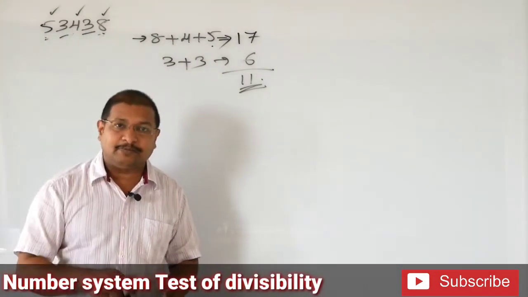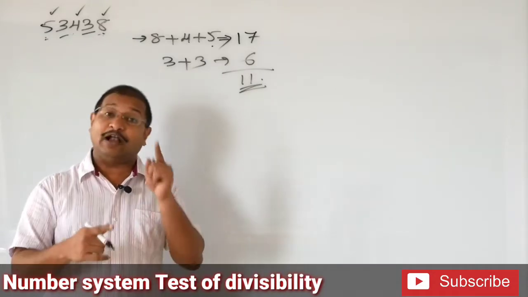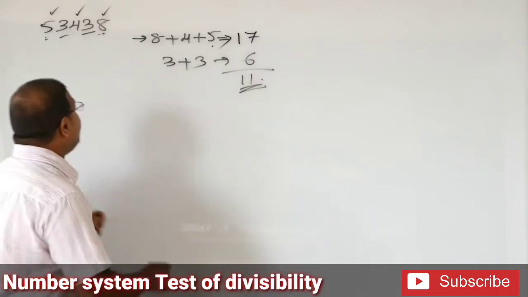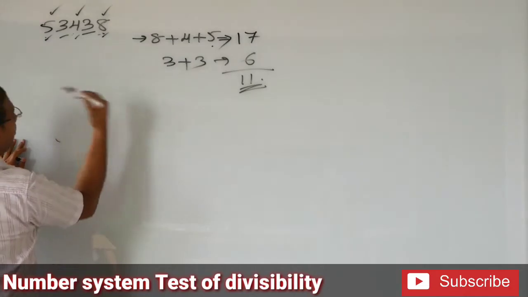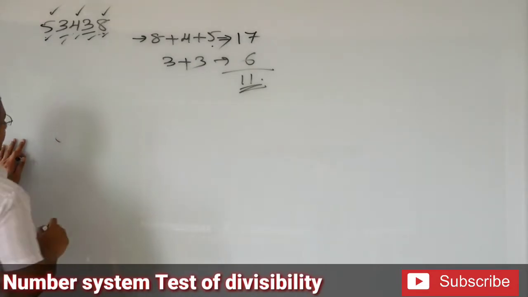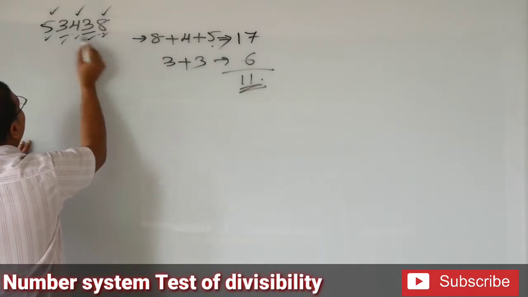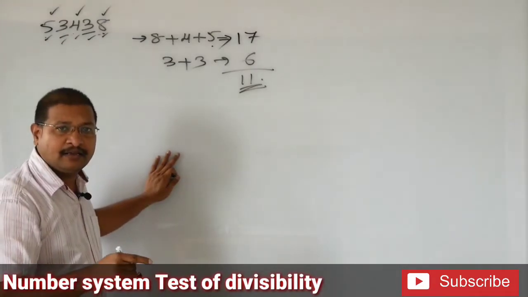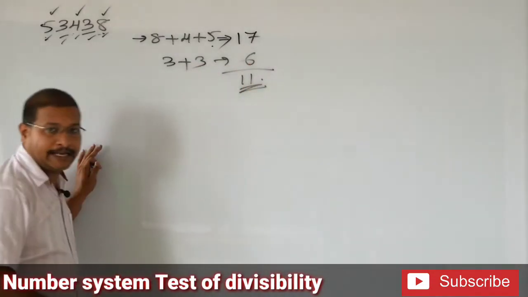If you want to test the divisibility of 11, we have to take the odd place digits minus even place digits. Ready? We have to take the addition of the odd place digits and the addition of the even place digits. After that, these two will be subtracted, isn't it?